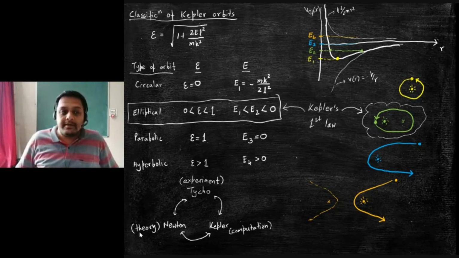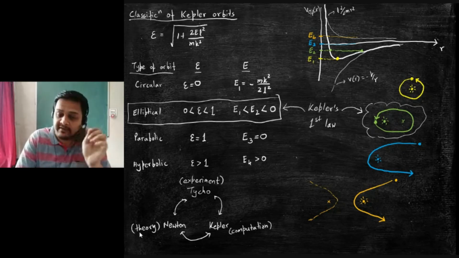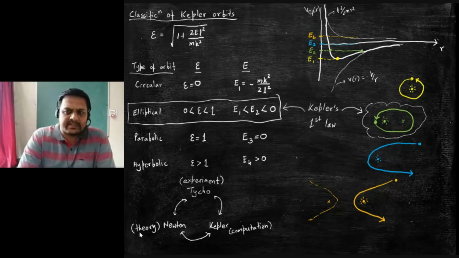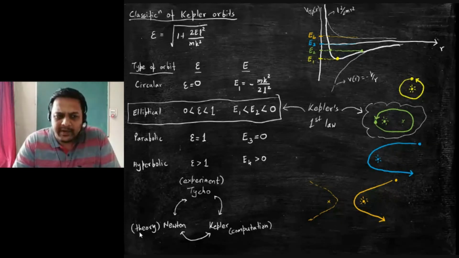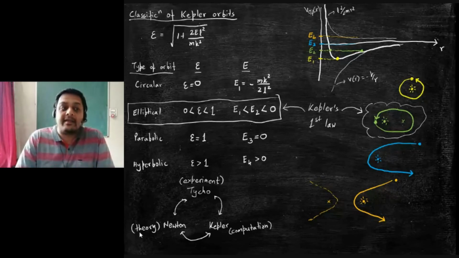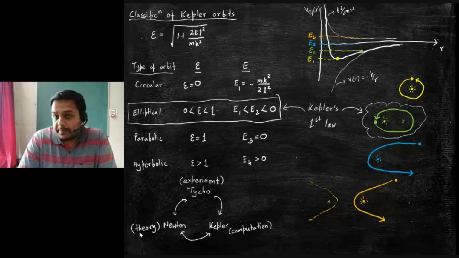Which means that Kepler actually had the opportunity to work with this very precise data, and that is what led him to realize even minor variations in the motions and so on, which gave him a lot of confidence about obtaining these particular laws of planetary motion. Okay. Without those precise observations, that was not possible. Otherwise, people have been observing the stars since the time of Ptolemy and Aryabhatta, but never people had the confidence to make such precise statements.